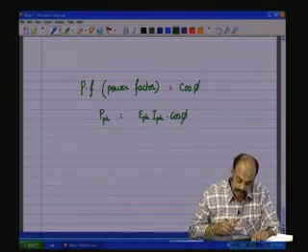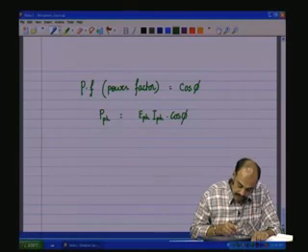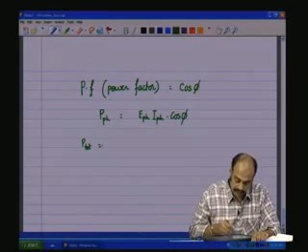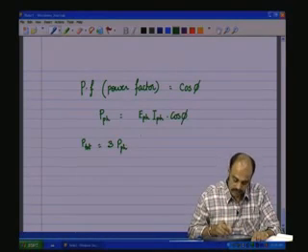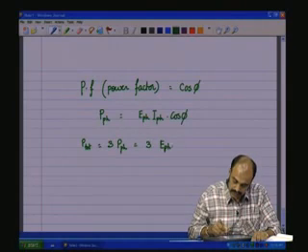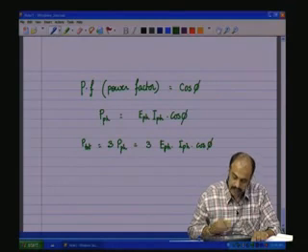And the total power in all three phases, because all three phases are symmetric, is going to be 3 times P per phase, which is going to be 3 times E phase into I phase into cos of phi.